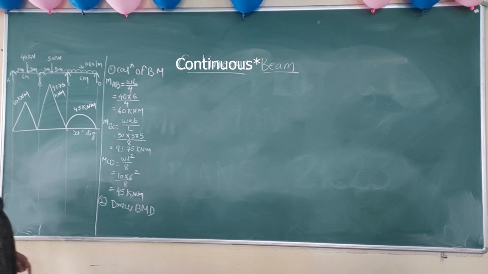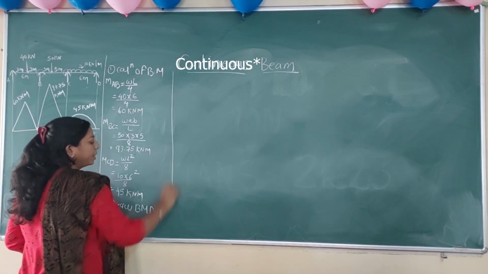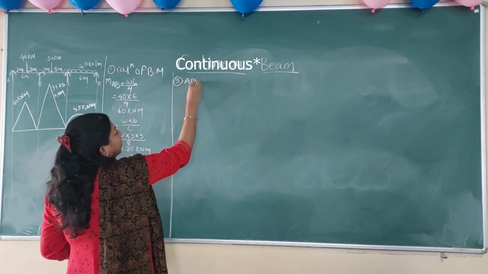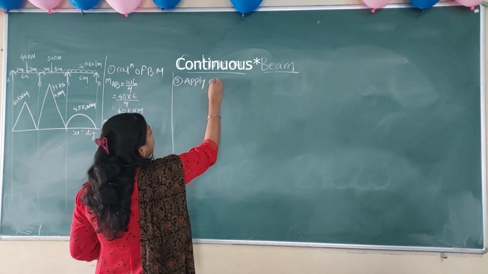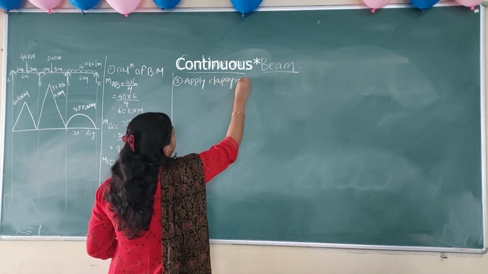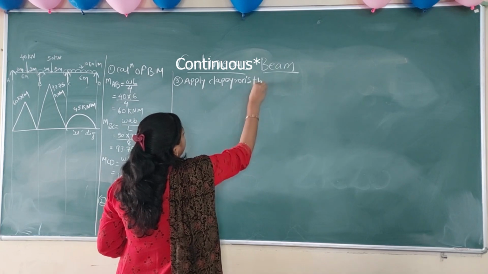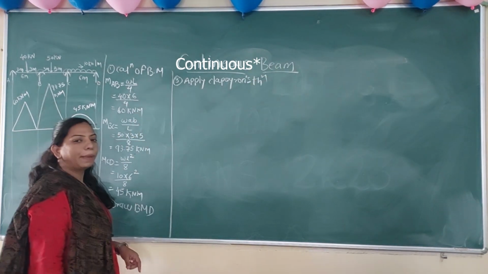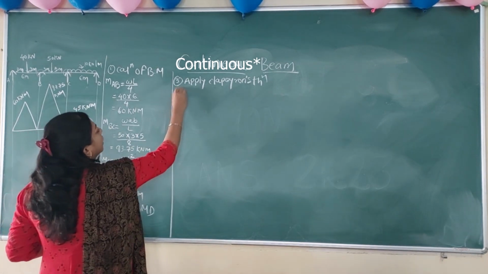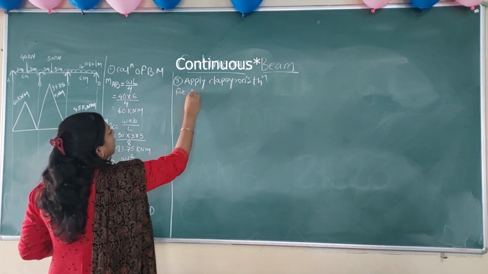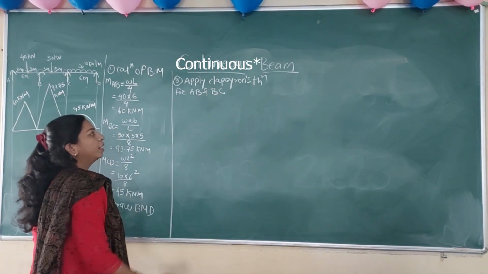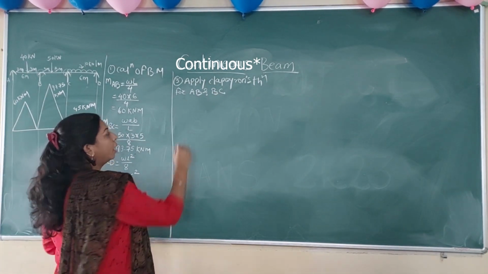Then the third step is to apply Clapeyron's theorem, which is also called the three moment theorem, for the AB and BC spans. So you know the formula.